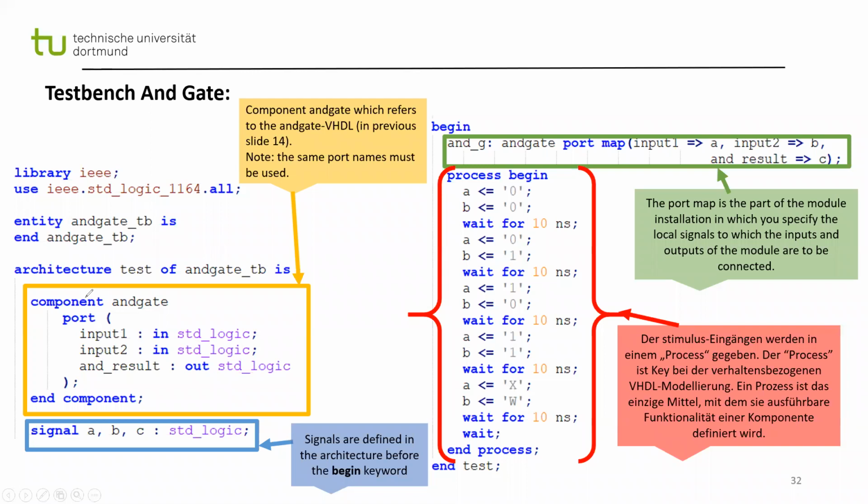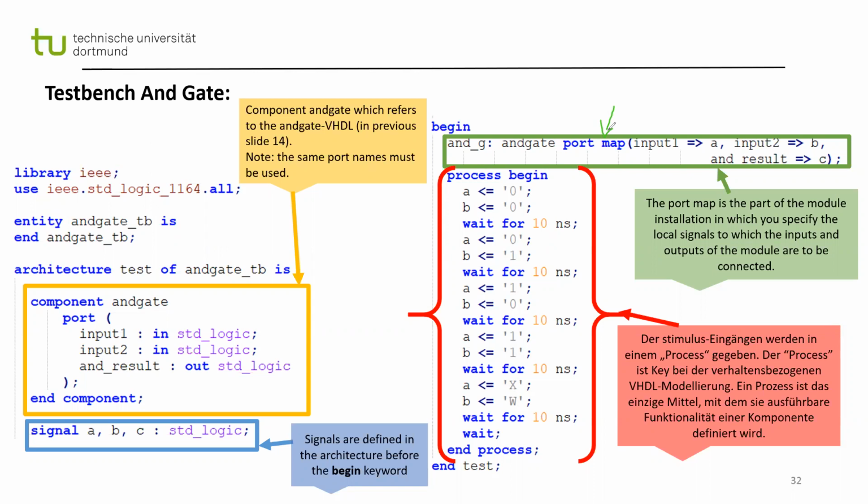So once again, I would like to explain the port map now in more depth. A port map maps signals in an architecture to ports on an instance within that architecture.